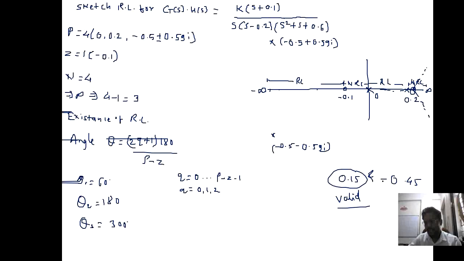And minus 0.45 lies in the region minus 0.1 to minus infinity. Again this value is also valid, so both values are valid.